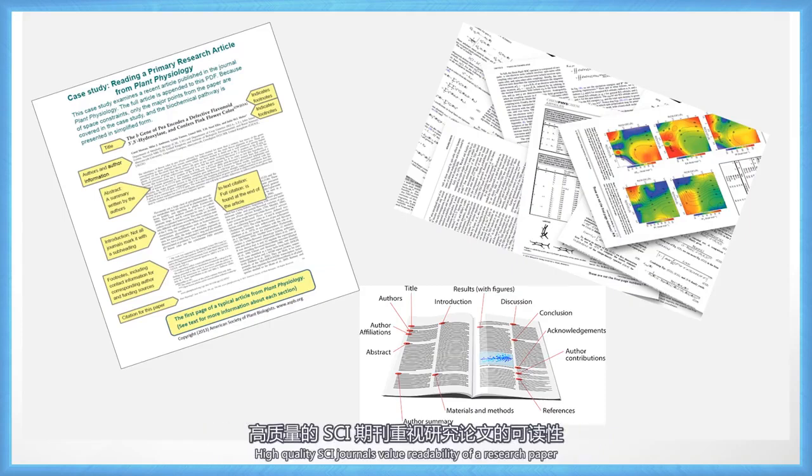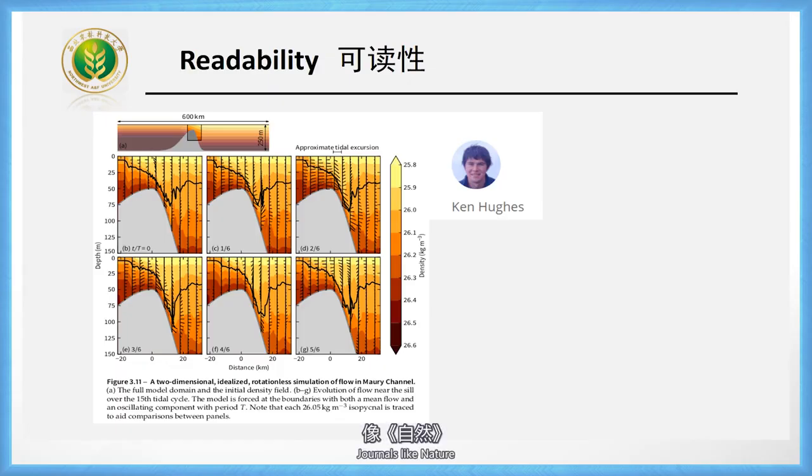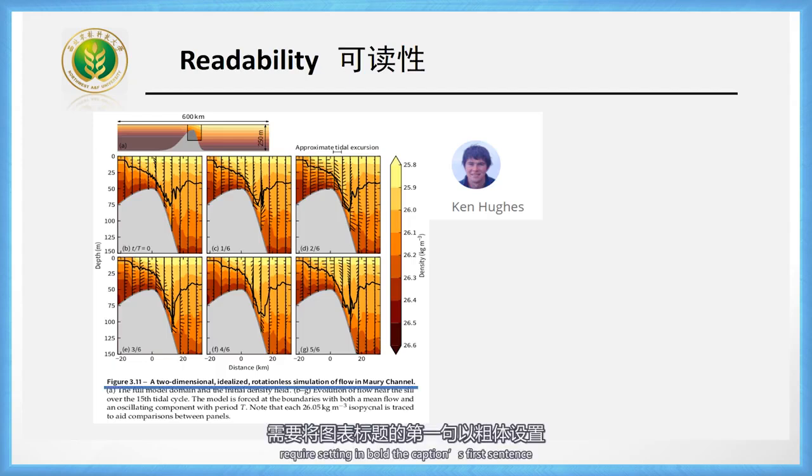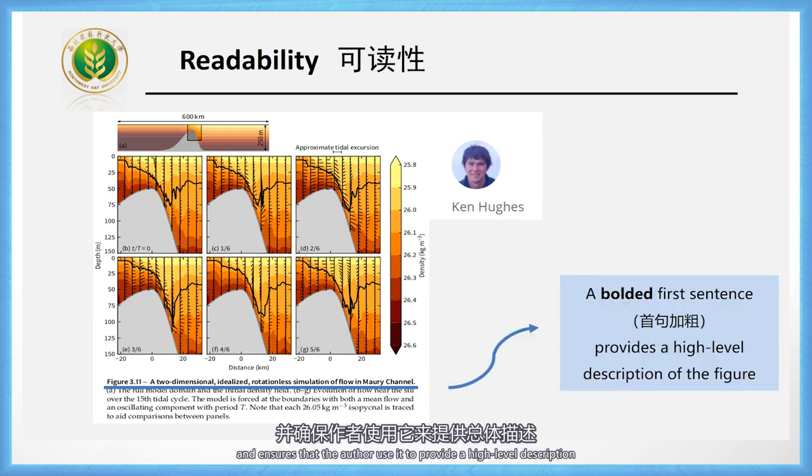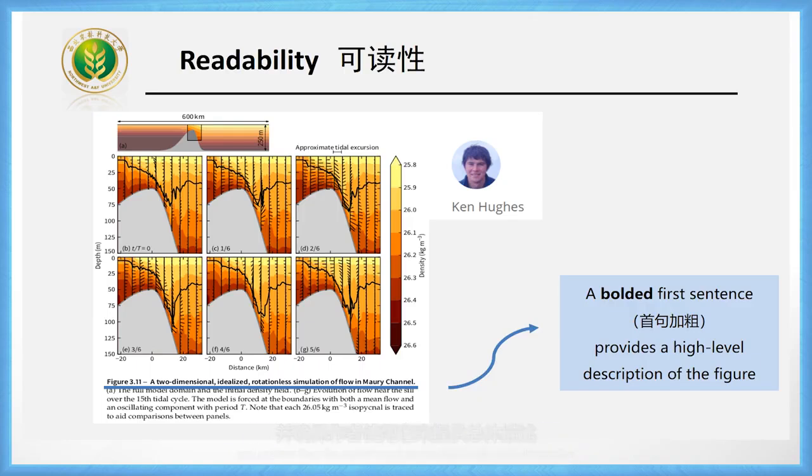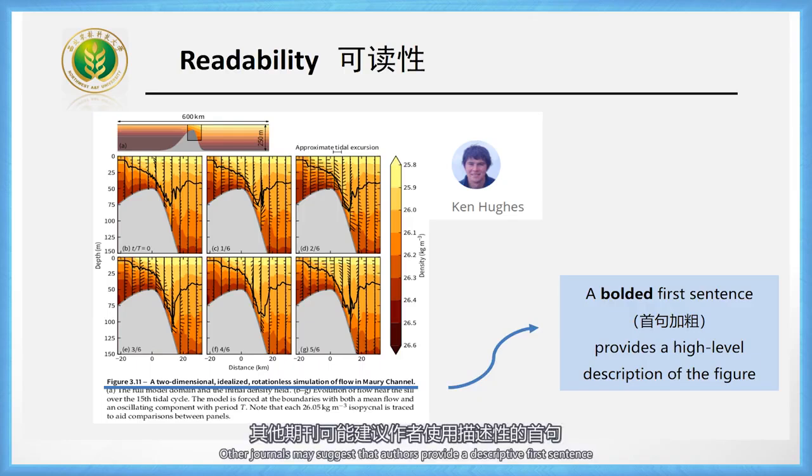High-quality SCI journals value the readability of a research paper. For example, journals like Nature, Cell, and Science require setting in bold the caption "Forced Sentence." This elevates its importance and ensures that the author uses it to provide a high-level description. Other journals may suggest that authors provide a descriptive first sentence.